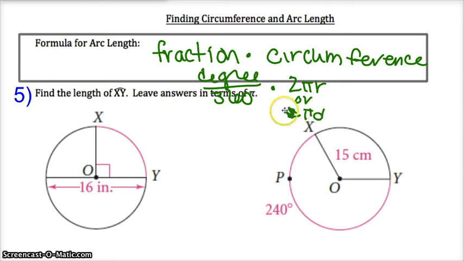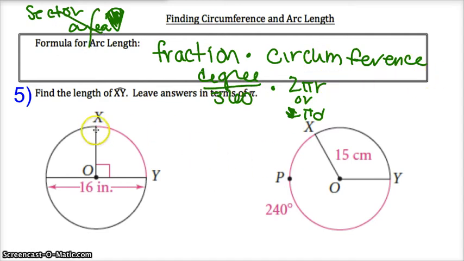Doesn't matter here. This is very close to when we used to find sector. When we found sector, sector was the area of like that pie shape here. So it was a fraction of the whole circle. Now what we're dealing with is a fraction of the actual crust or that edge.